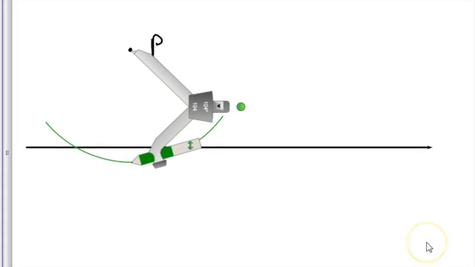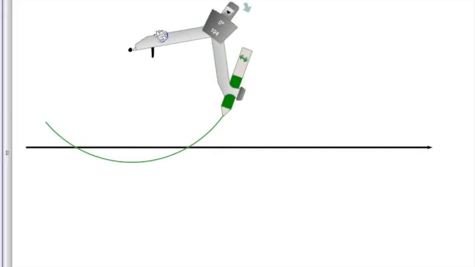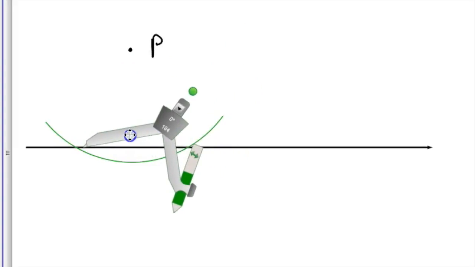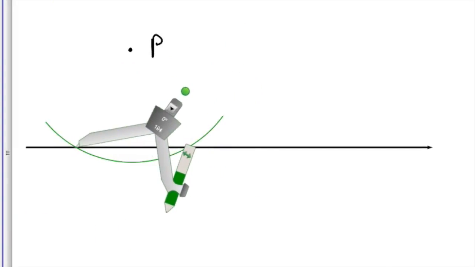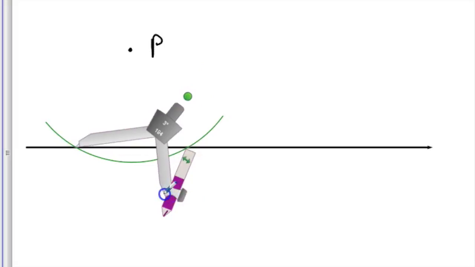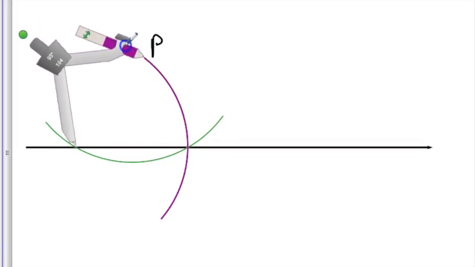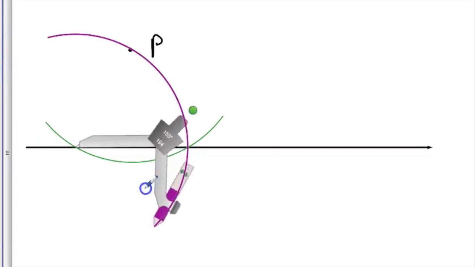So what we're going to be doing next, we're going to take our point on the compass and we're going to move it so that the point is now touching one of those intersections. And so I chose this one first. It doesn't matter which one you choose first. I just chose this one. What we're going to do is make an arc that goes from across one side of the line to across the other side of the line.